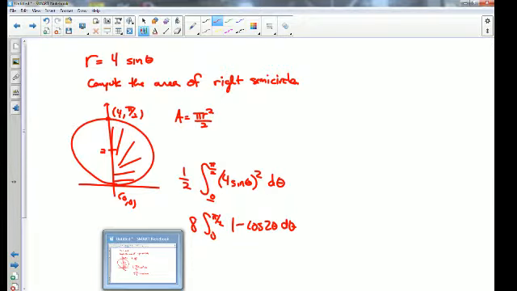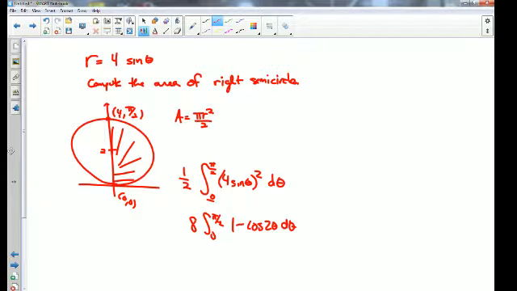For polar area, are we ever going to be doing integrals by hand? Yeah, you can. But the problem comes with the squared. It creates a lot of problems with trig functions. So a lot of times we will use a calculator.